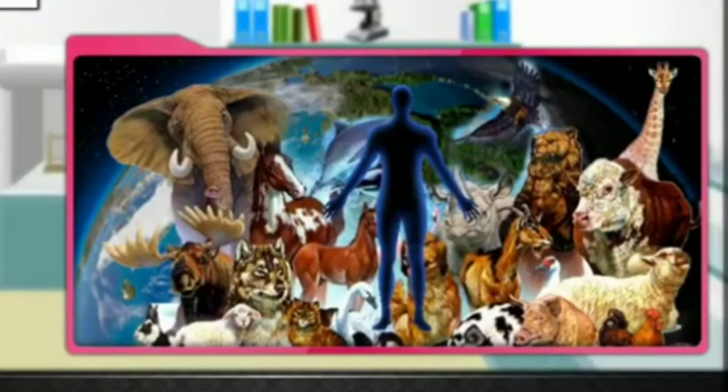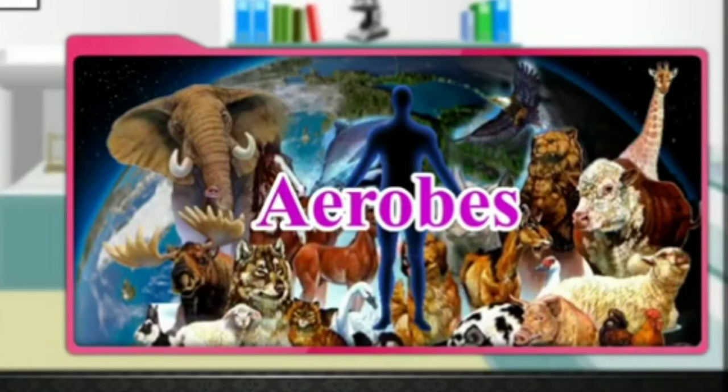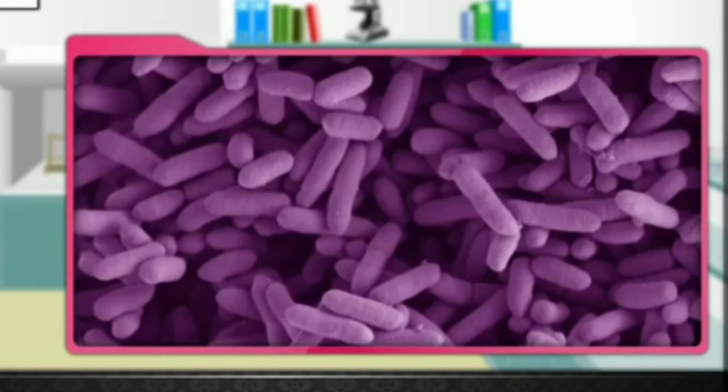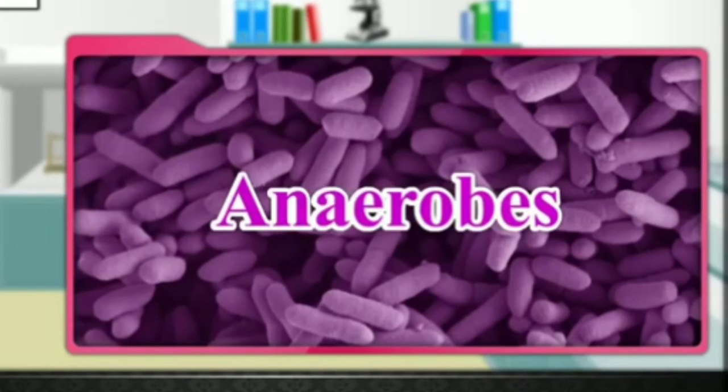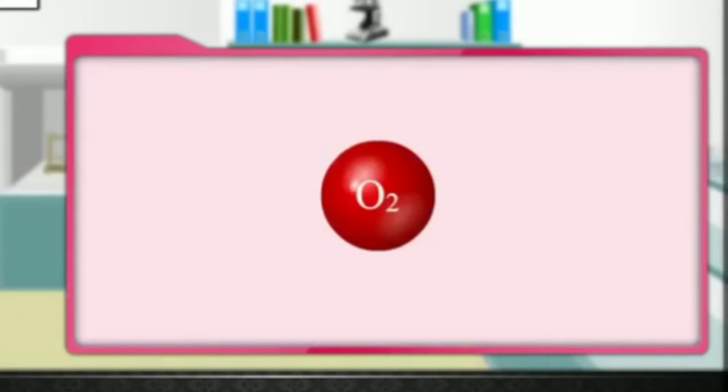Children, most microorganisms use oxygen for respiration. Such microbes are called aerobes. Microbes which do not need oxygen for respiration are called anaerobes.